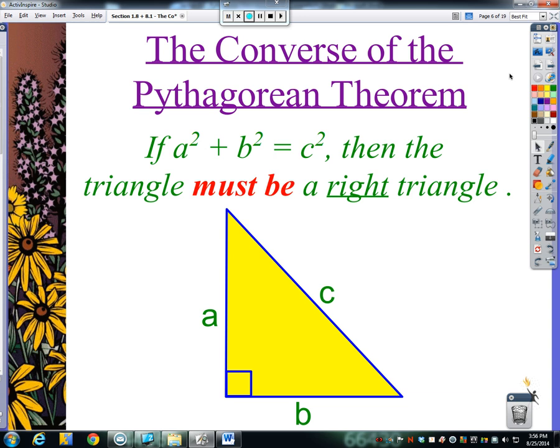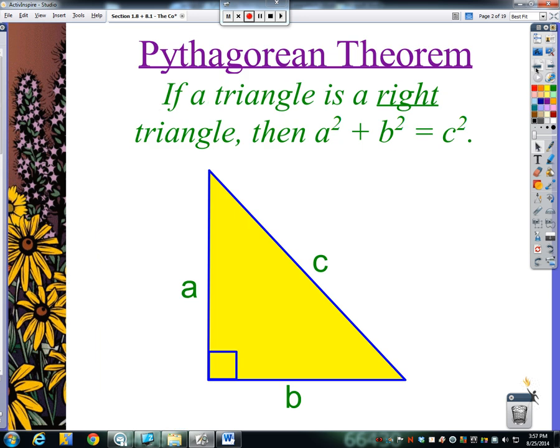Now, there is something called the converse of the Pythagorean theorem. And the converse just literally means taking a statement, typically an if-then type statement, and switching the if and then parts. Okay? So before with the Pythagorean theorem, we said that if a triangle is a right triangle, then the Pythagorean theorem works: a squared plus b squared equals c squared.